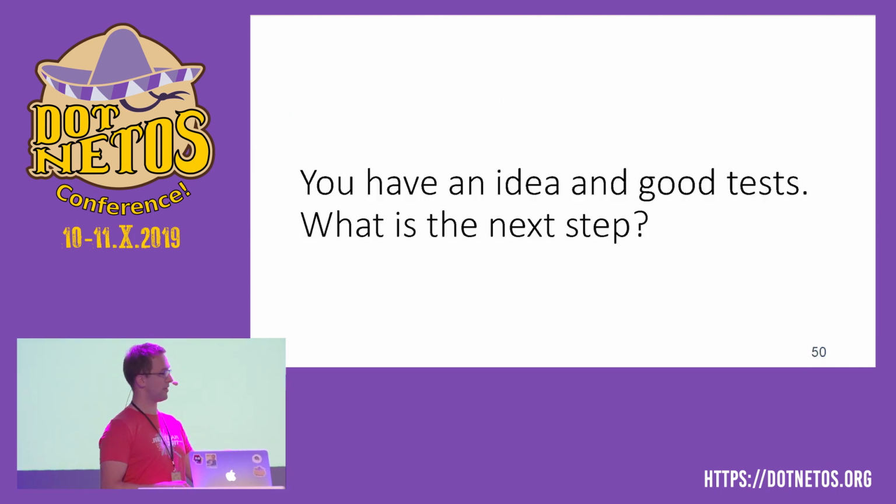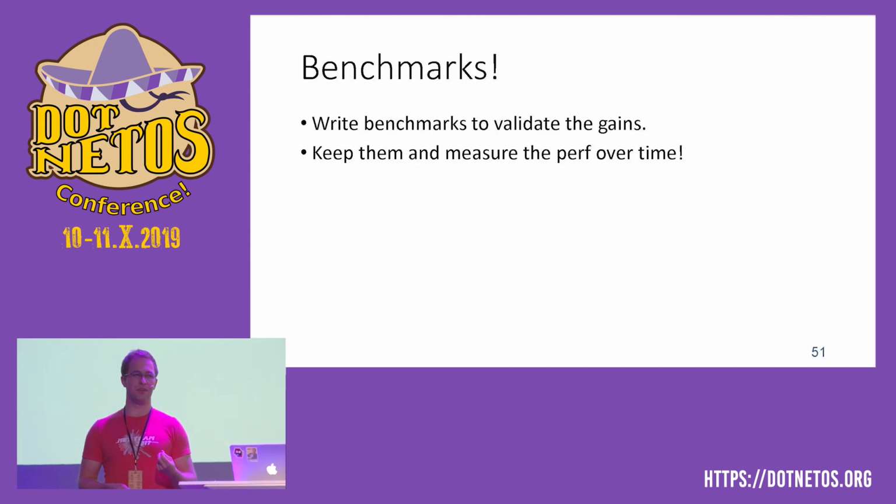And now we have an idea and good tests, so what is the next step? We write the benchmarks. Benchmarks help us validate that our improvements have actually helped. Moreover, you should keep the benchmarks in your source code repository to measure the performance over time, for example, to make sure that nobody removes your optimizations in the future.